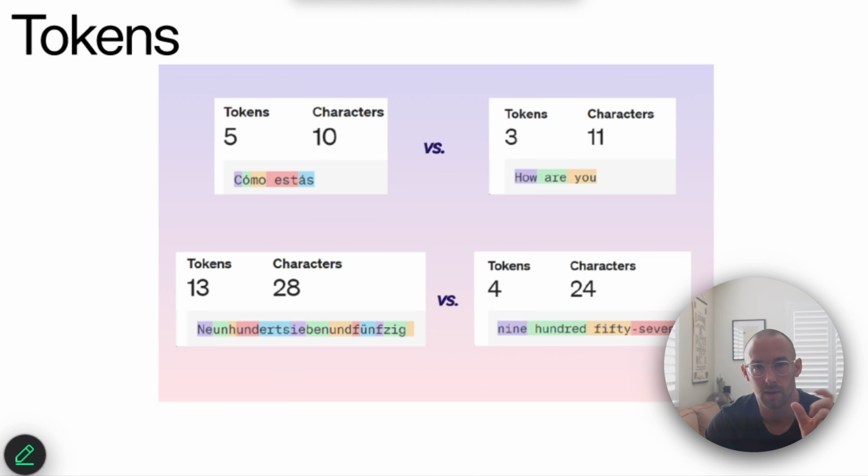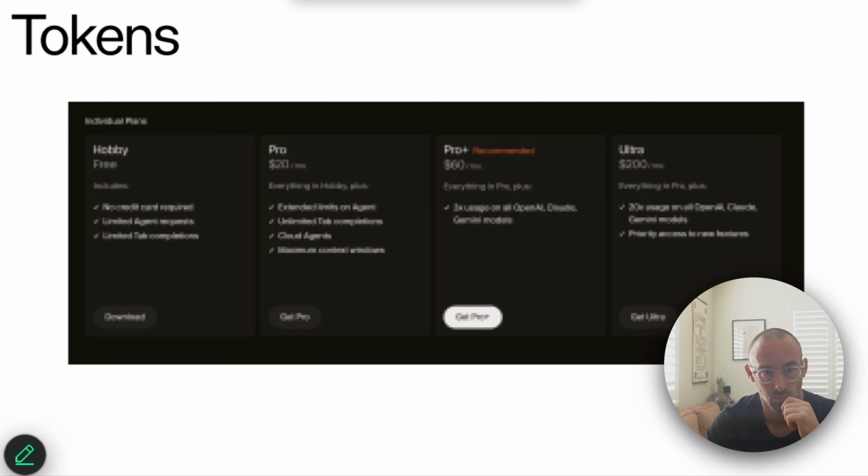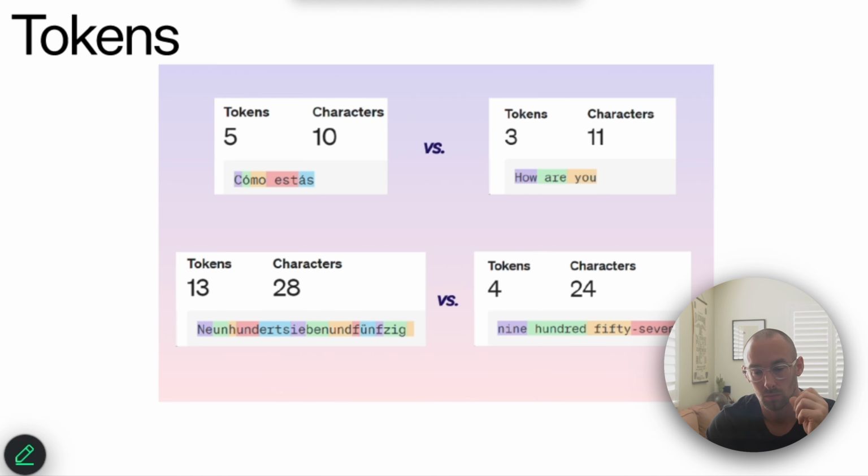And it's not distinctly exactly a word always, sometimes it breaks it down differently, but by and large, if you want a simple rule, one word, one token is a good basic concept to have in mind. Okay, and are these the same tokens that you pay for?